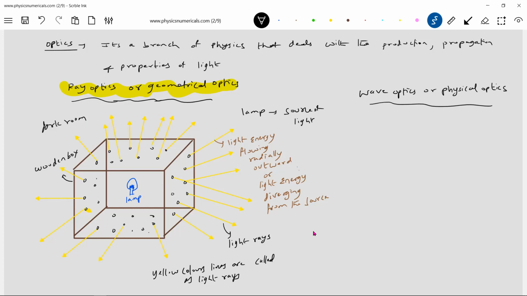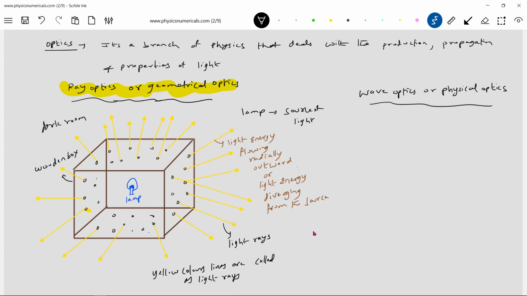Getting the idea? Now I'm saying the light energy propagates. What do you mean by light energy? Light is a form of energy. Light energy flows radially outward, or diverges from the source, or nothing but the wave is moving away from the lamp.